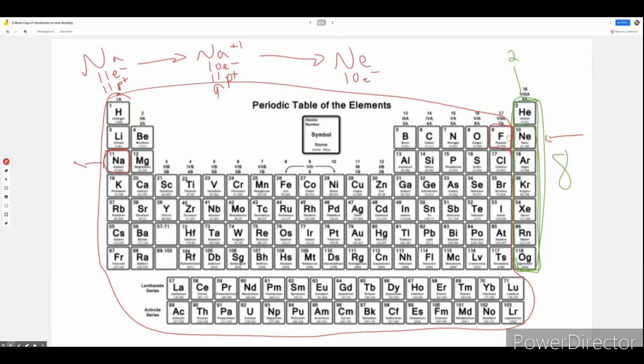In this case, it's easier for fluorine to move up 1 spot. So fluorine goes from 9 electrons and 9 protons to 10 electrons and 9 protons, which makes it negatively charged with a charge of -1 because it gained 1 electron.